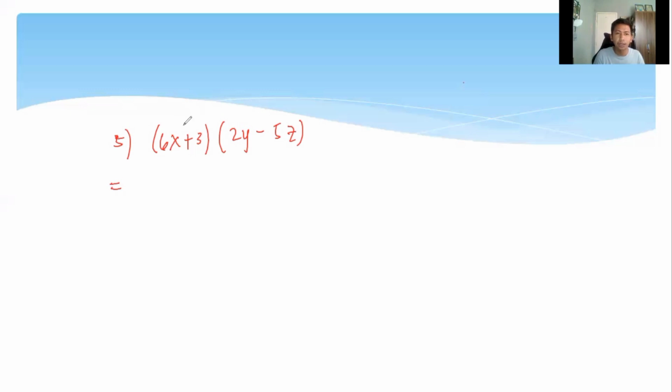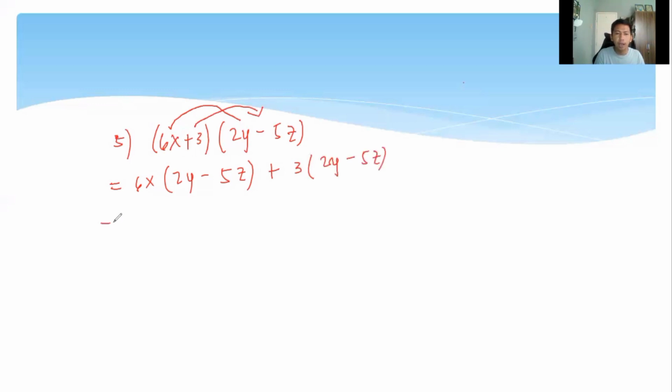So i-distribute natin tong first term ng binomial to the second binomial. So we have 6x times 2y minus 5z plus, distribute natin yung second term ng binomial doon sa second binomial na given, 3 times 2y minus 5z.